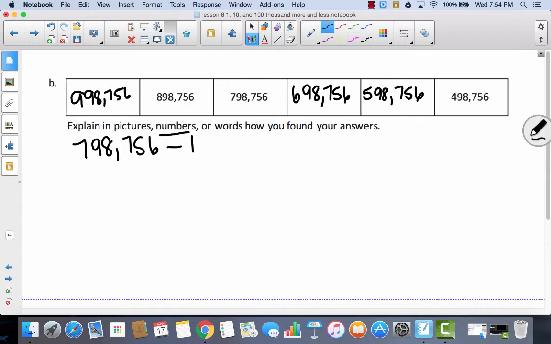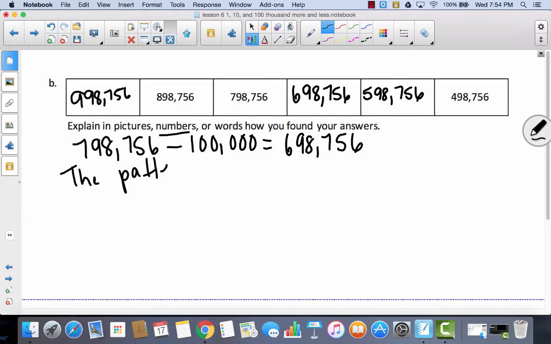I was taking away 100,000 equals 698,756. So I'm also going to just go ahead and say the pattern is 100,000 less. That's what the pattern is. Every number is 100,000 less.